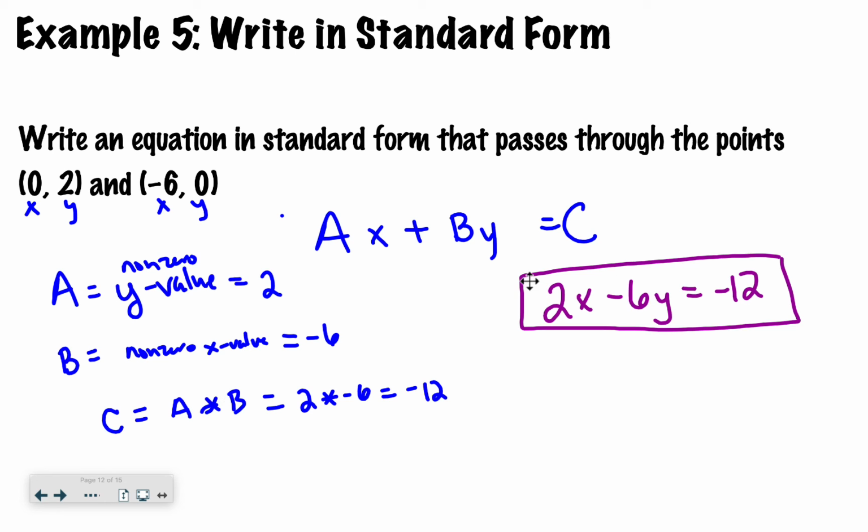Then once you have this, you want to check to make sure that there aren't any fractions or decimals. In this case, there aren't. You want to check to make sure A is positive. It is. And you want to make sure that it's not just 0 over here, which it's not, so we're good to go.